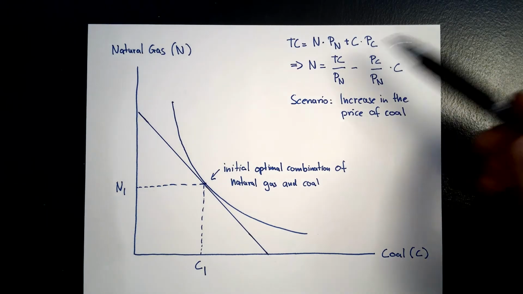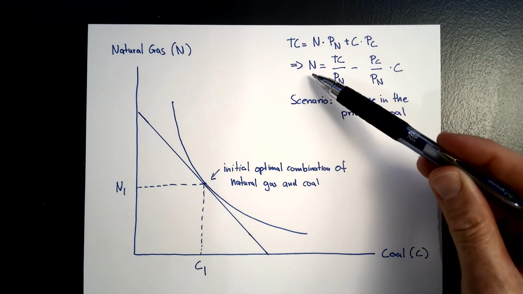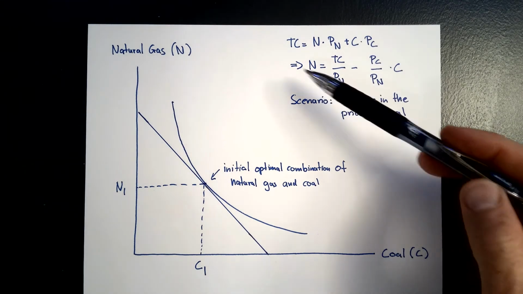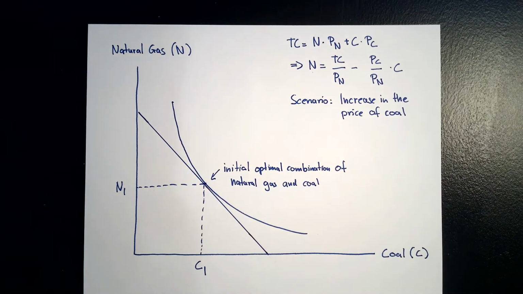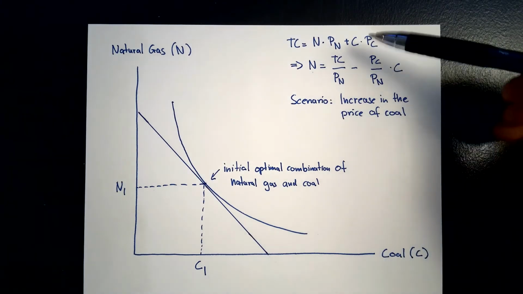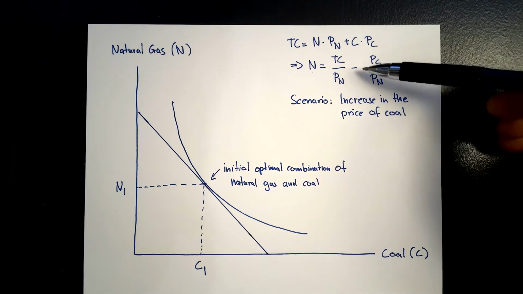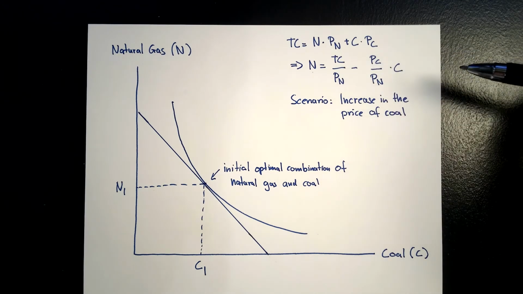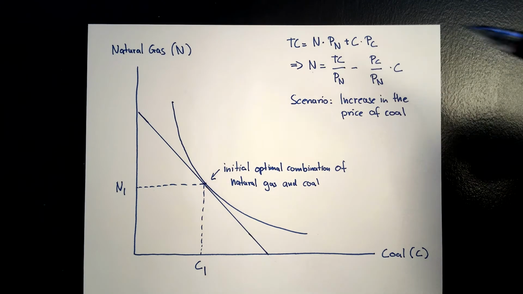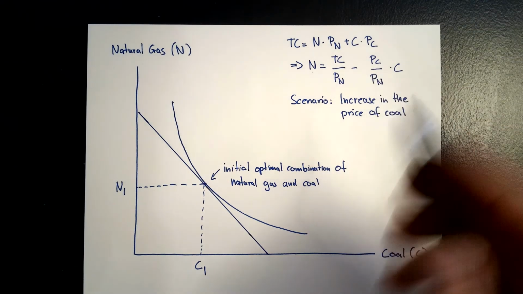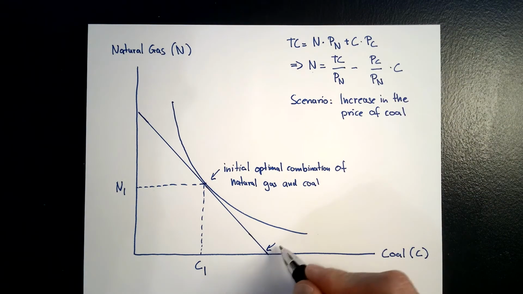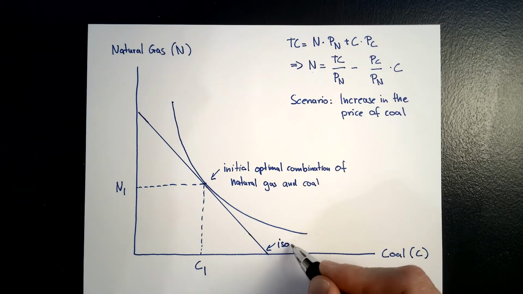As we have seen before, we can rewrite this as a function of N, since we have N on the vertical axis. And so we have the total cost divided by the price of natural gas minus the price of coal over the price of N times C. This equation here describes the isocost, which is represented in this graph.